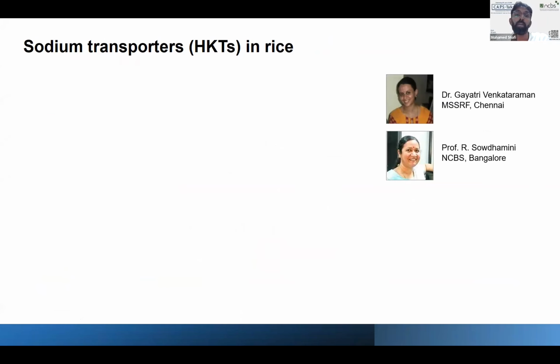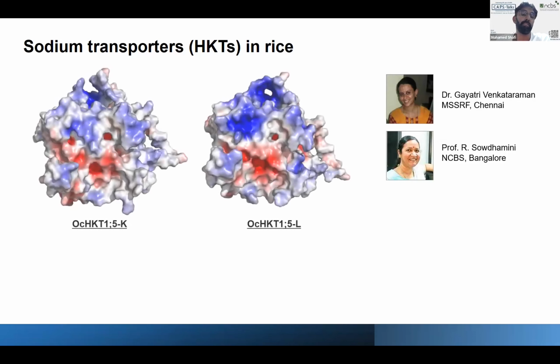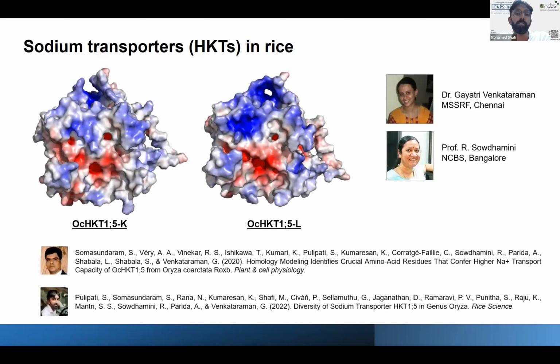So she approached ma'am, and we have done very nice structural work. This started around 2016, where Ritvik, a postdoctoral fellow, was involved in homology modeling of these rice transporters, and I myself continued the work later on. I'll be talking about this work in the next few slides.